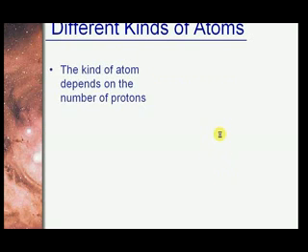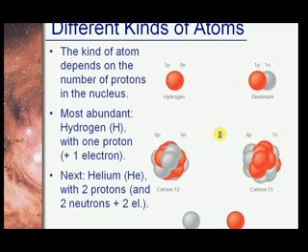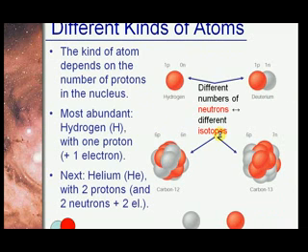So the atoms are of different types. Atoms differ from each other according to the protons and the electrons. But when there is a different number of neutrons, the isotopes are formed.